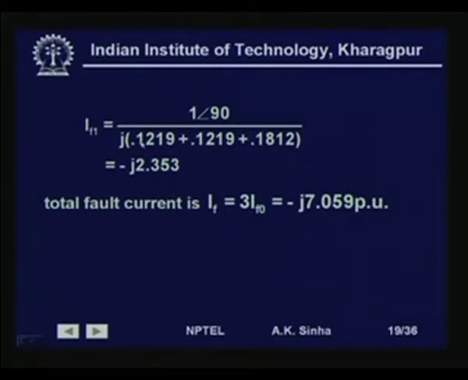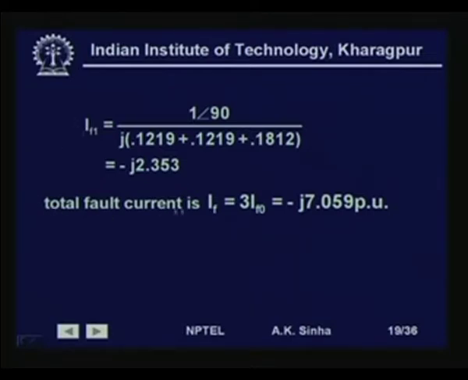So j 0.1219 plus j 0.1219 plus j 0.1812. So this comes out to be equal to minus j 2.353. So this is the positive sequence current, this is the same as the negative sequence current, and the same as the zero sequence current.